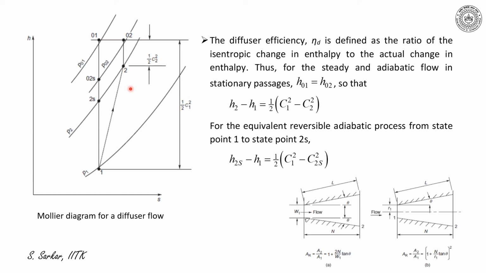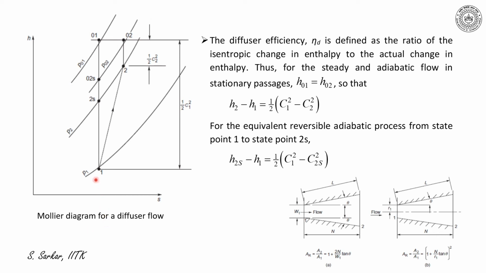If I add C1 squared by 2 to H1, I will get H01. So H01 must be equal to H02. Thereby, I have got the P01 and P02 lines.